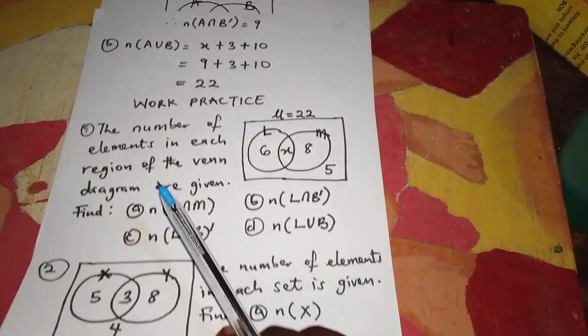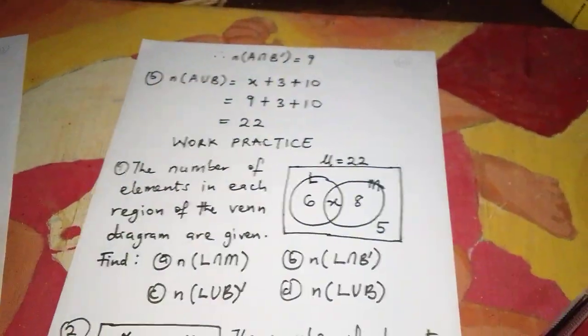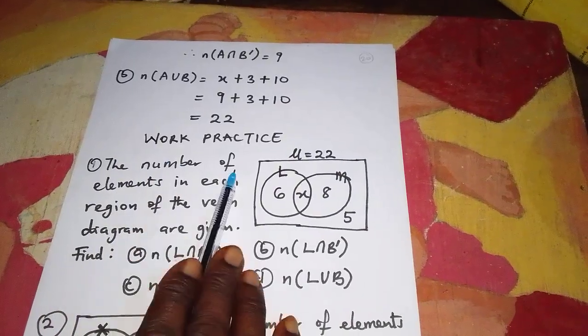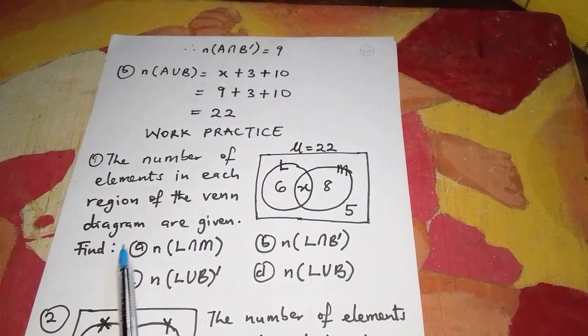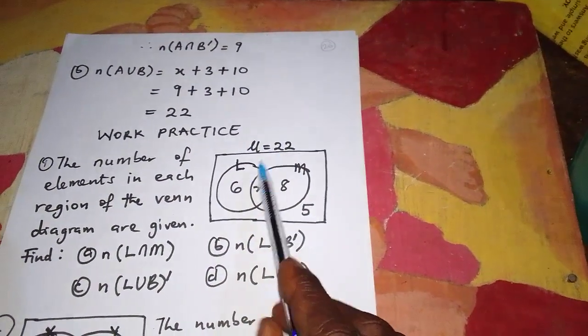So for the work practice, the number of elements in each region of the Venn diagram are given. So in the universal set, we have 22.